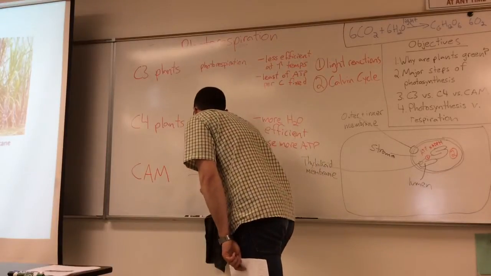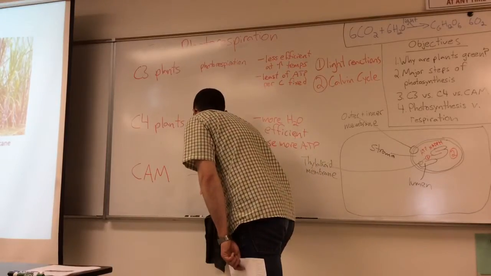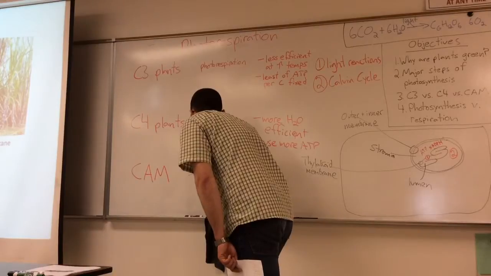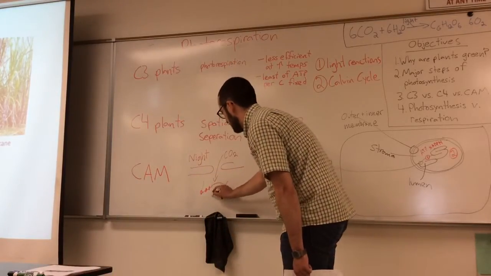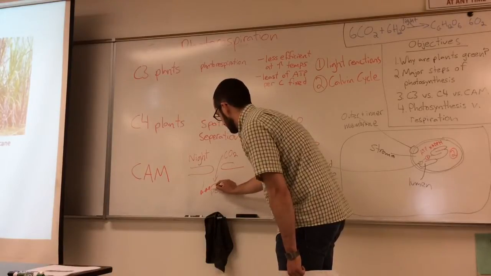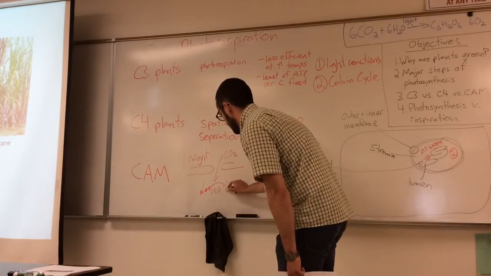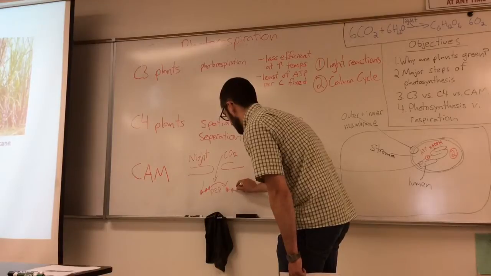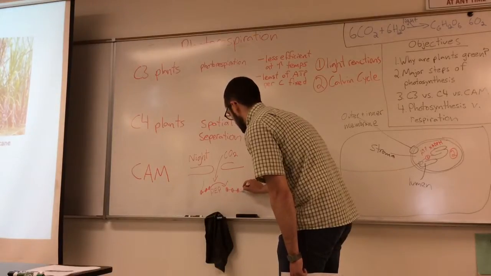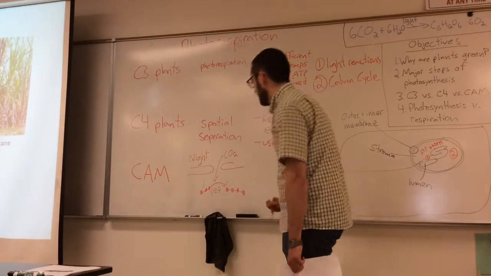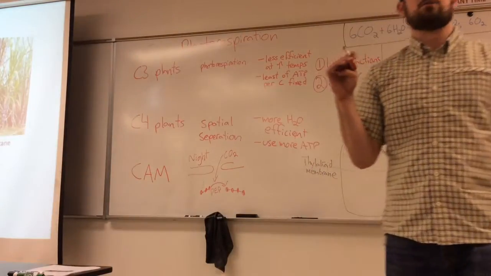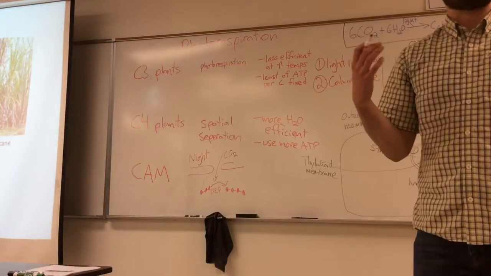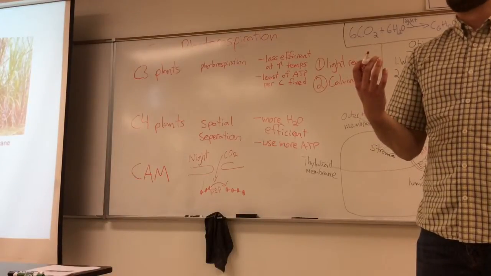So it's going to be attached to a 3-carbon sugar by the PEP enzyme to create a 4-carbon acid. And so then the plant will store that 4-carbon acid overnight in a special compartment called the vacuole.